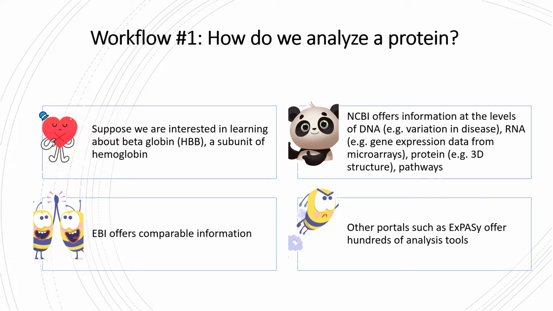It offers information at the level of the DNA, so we can know about some variations in the gene. What can these variations mean? It can sometimes point to diseases and some variants of diseases. We can also have RNA data. RNA, as you know, reflects expression. RNA is the molecule that is synthesized when the gene is being expressed, so we have expression data.